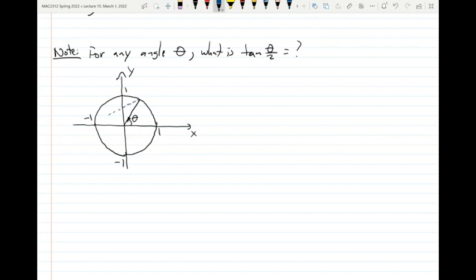Okay, all right, now I'm going to do the following construction. Here is theta, and now I want to consider this angle over here. Let's see if you remember your high school geometry. What is this blue angle? Theta is called the central angle. The blue angle is the angle inscribed on the same arc as theta.